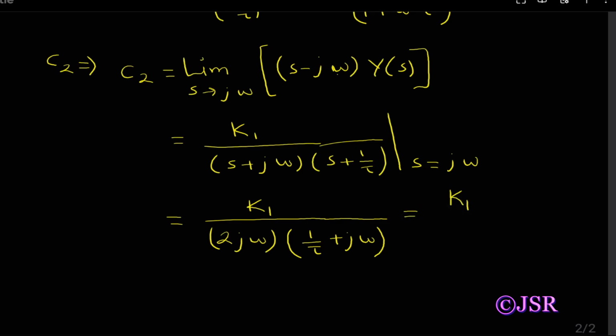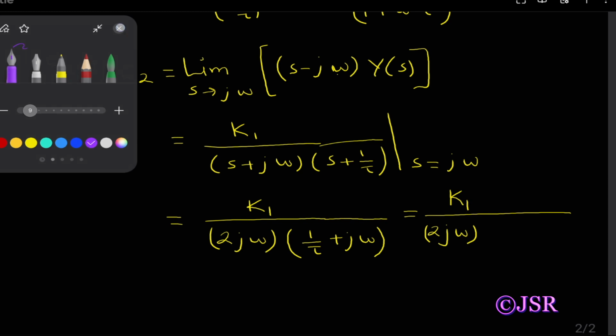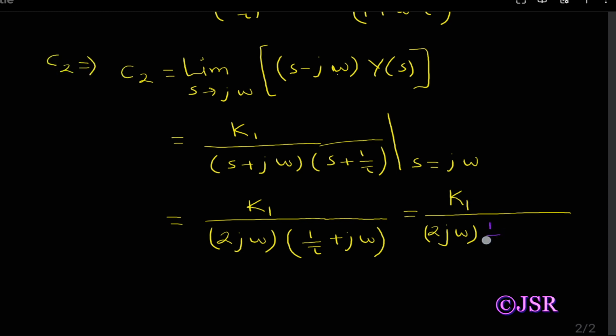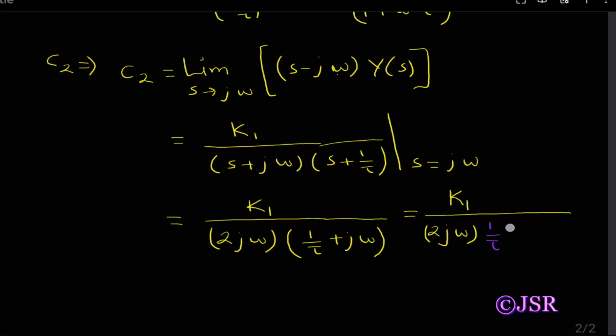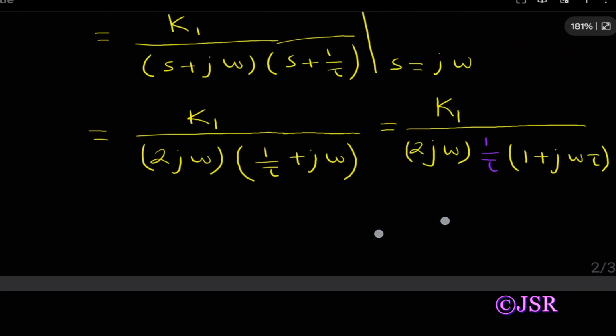This can be written as k1 upon 2j omega, taking 1 by tau common, so we will have 1 plus j omega tau.